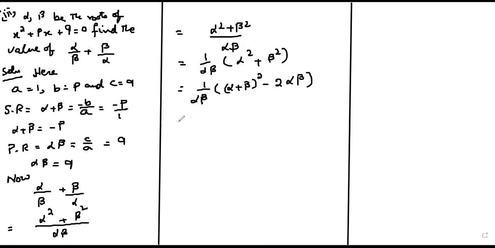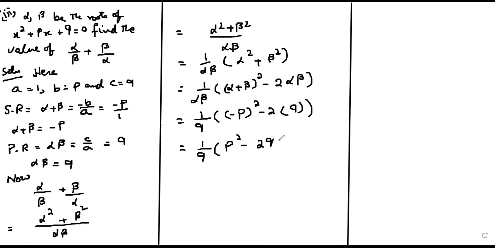Now just putting the values, this is 1 over q, this is minus p the whole square minus 2 times q, right? This is equals to 1 over q times p square minus 2q, which is our required answer. And I hope you understand it well.